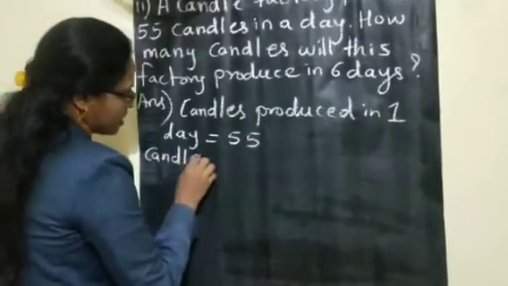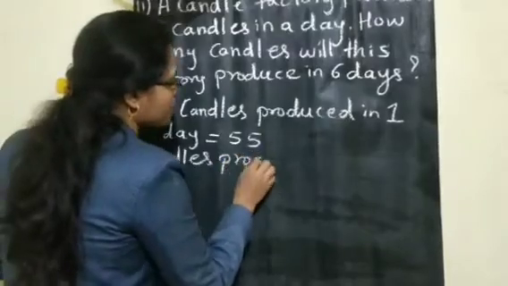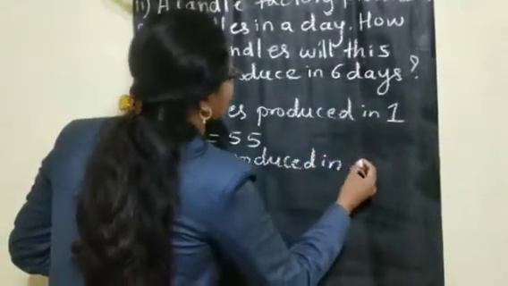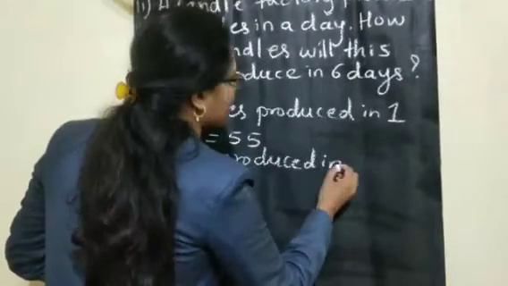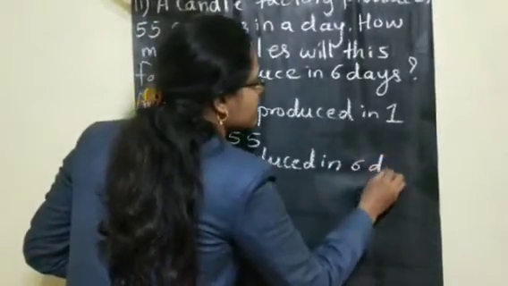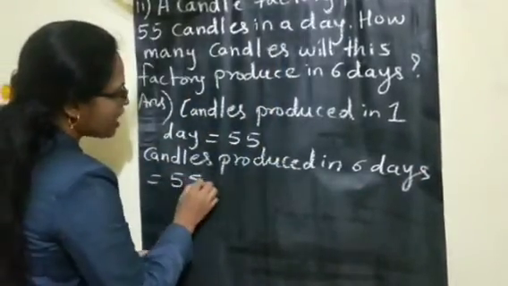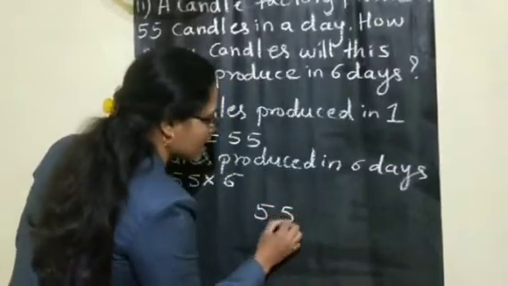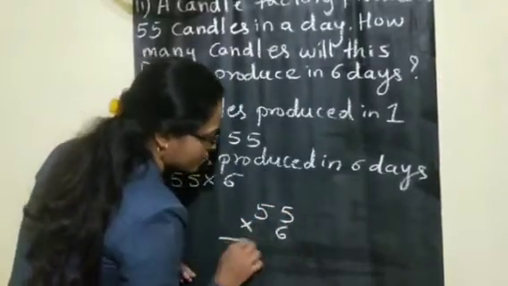Candles produced in 6 days is equal to 55 multiplied by 6.